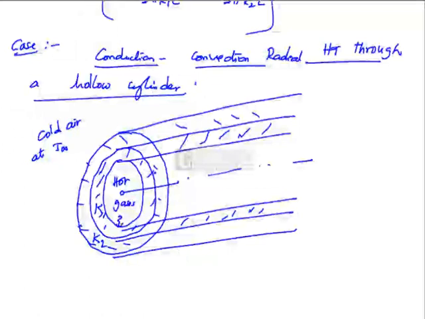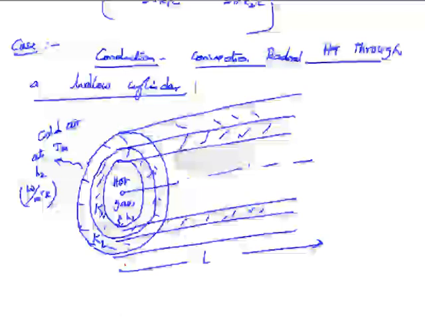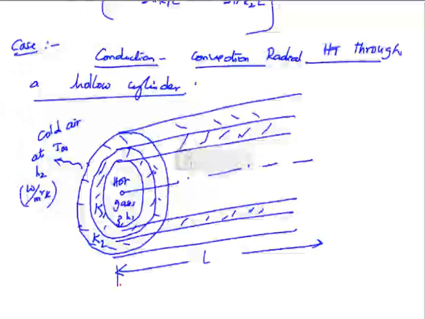From the hot gases to the inner surface, heat transfer is by convection H1. From the outer surface to the cold air, heat transfer is by convection with a convection coefficient of H2, watts per meter square Kelvin. L is the length of the cylinder.